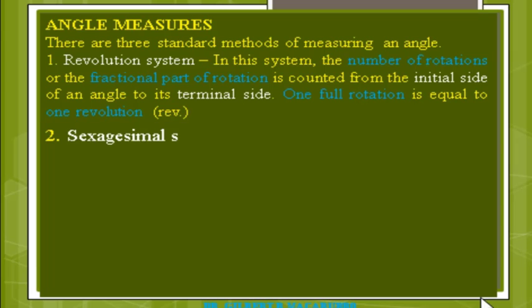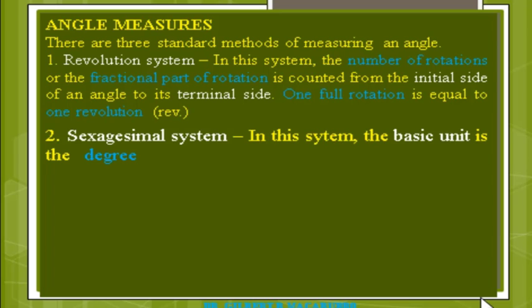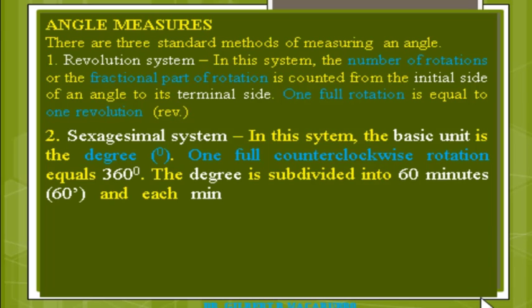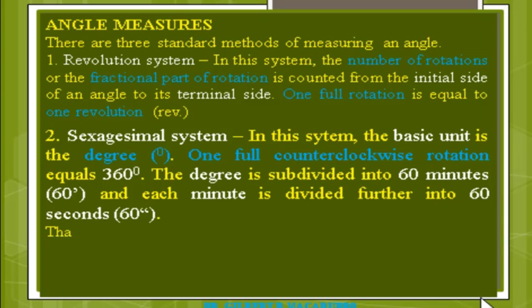Number 2, we have the sexagesimal system. In this system, the basic unit is the degree. One full counterclockwise rotation equals 360 degrees. The degree is subdivided into 60 minutes, and each minute is divided further into 60 seconds.